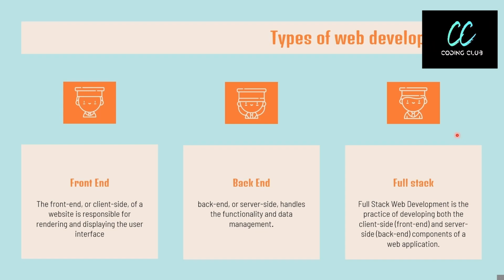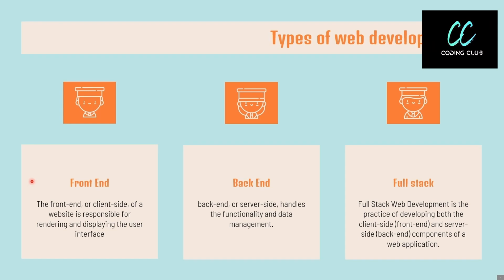Okay, so what are all the career options you have in web development? You can basically become a front-end developer, a back-end developer, or a full-stack developer. So what is front end? The front end is the client side. You basically have to design the website, and the things which the client or the consumer will see on the website will be designed here.